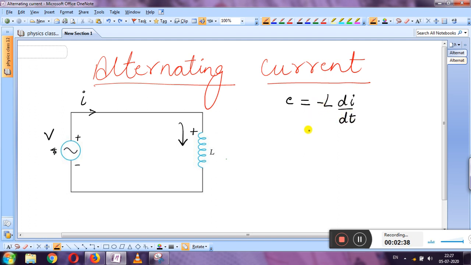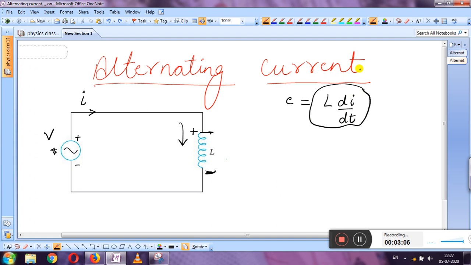With this, one negative sign is also kept, which shows that the cause of production is opposed by the induced EMF. So we will be using the value of EMF induced across this inductor as L di by dt. So this was the discussion about the EMF induced in the inductor.